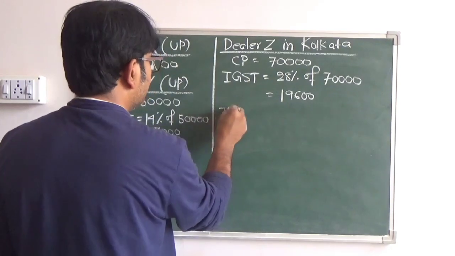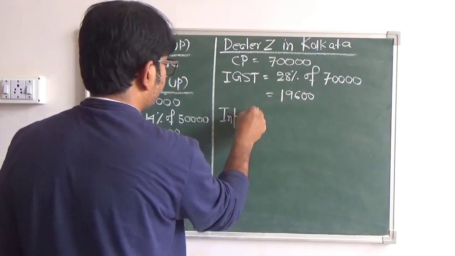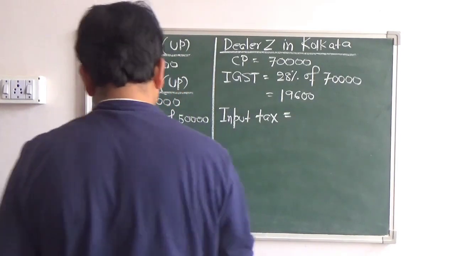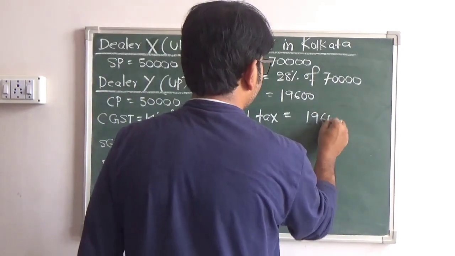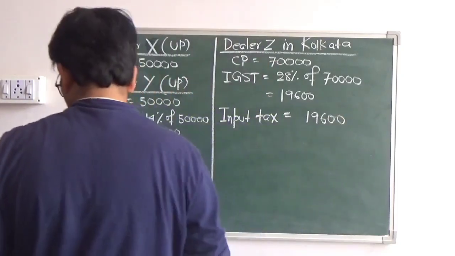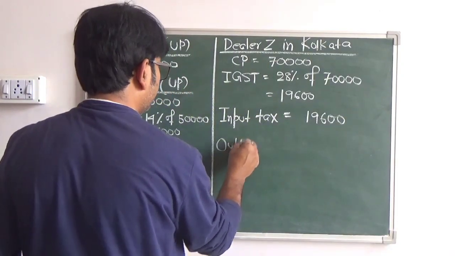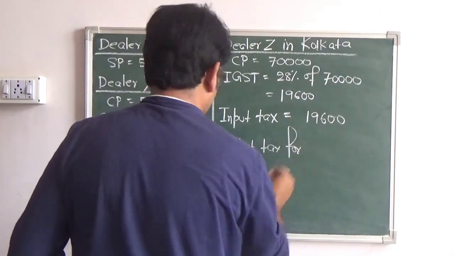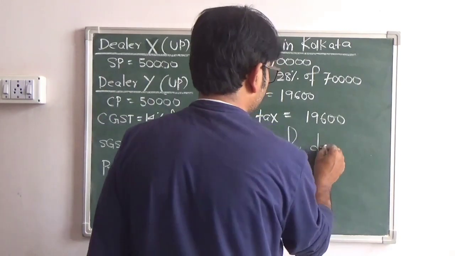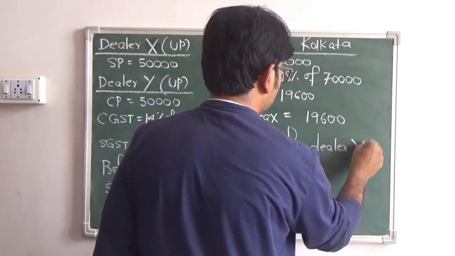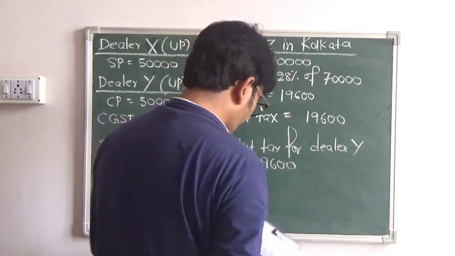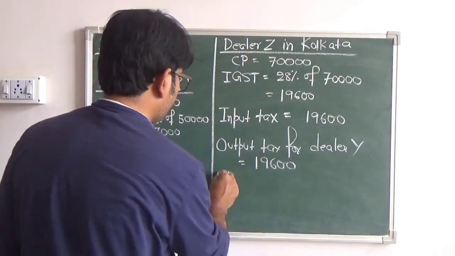So what is the input tax? Input tax is the same, 19,600, and output tax for dealer Y is equal to 19,600.